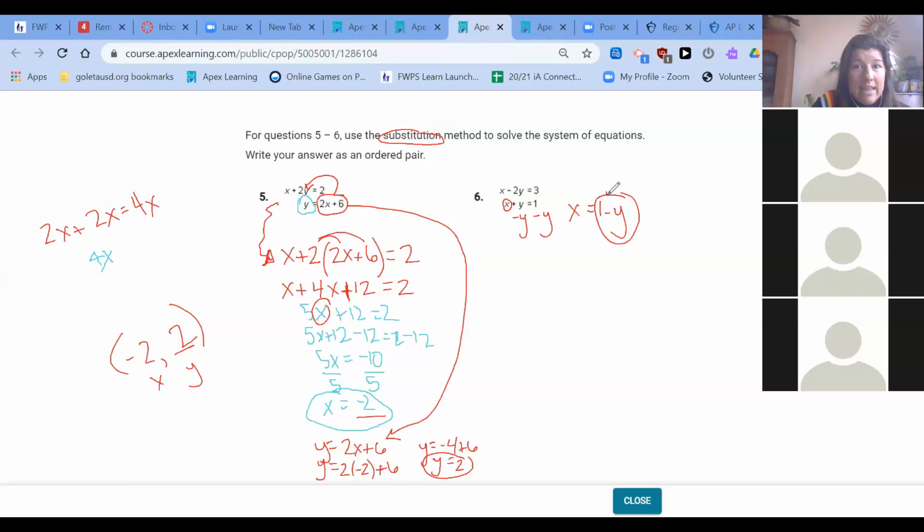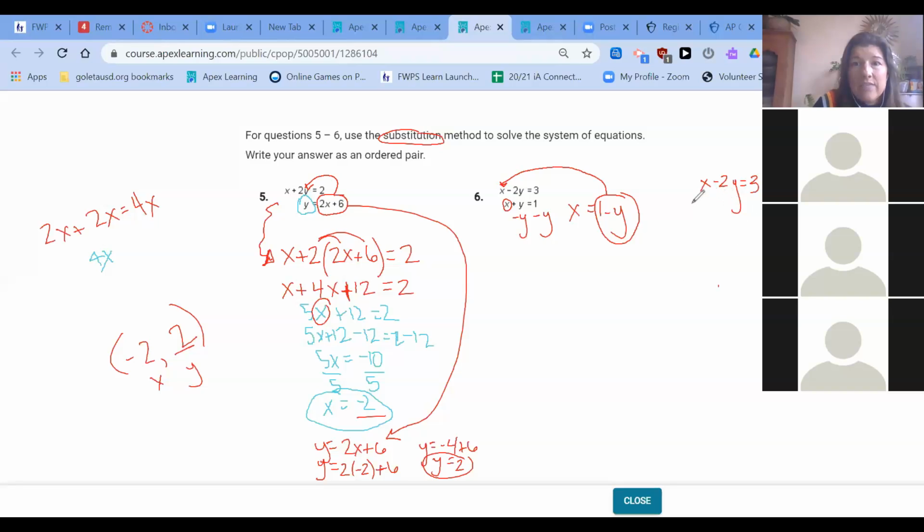So now we're going to take in that value and we're going to substitute it in for x into that top equation, the equation we haven't used yet. And then let's rewrite our equation. So we now have x minus 2y equals 3.